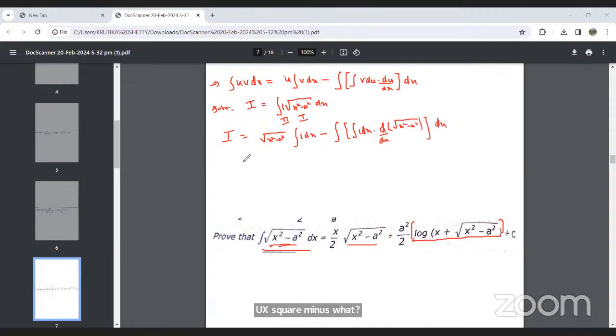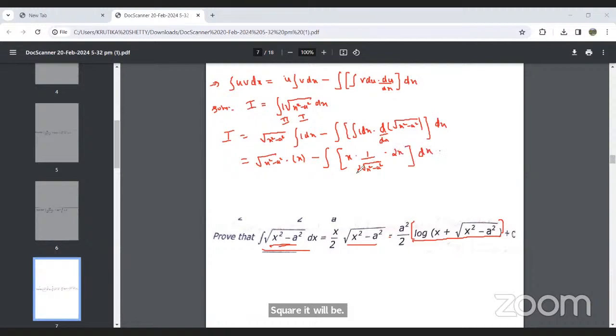On simplifying this, we get root of x square minus a square as it is, integration of 1 is x, minus integration of, again, integration of 1 which is x, into the derivative of root of x square minus a square. It is in the form of root f of x, so it will be 1 upon 2 root x square minus a square into the derivative of x square minus a square, which is 2x dx.